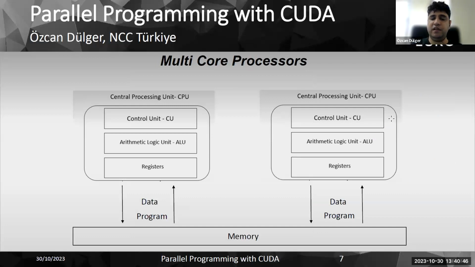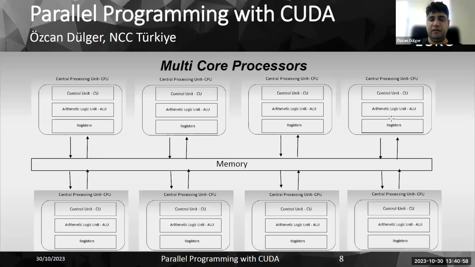So more than one program can be run in different central processing units at a time, and it was extended to many cores. Here there are 8 cores.